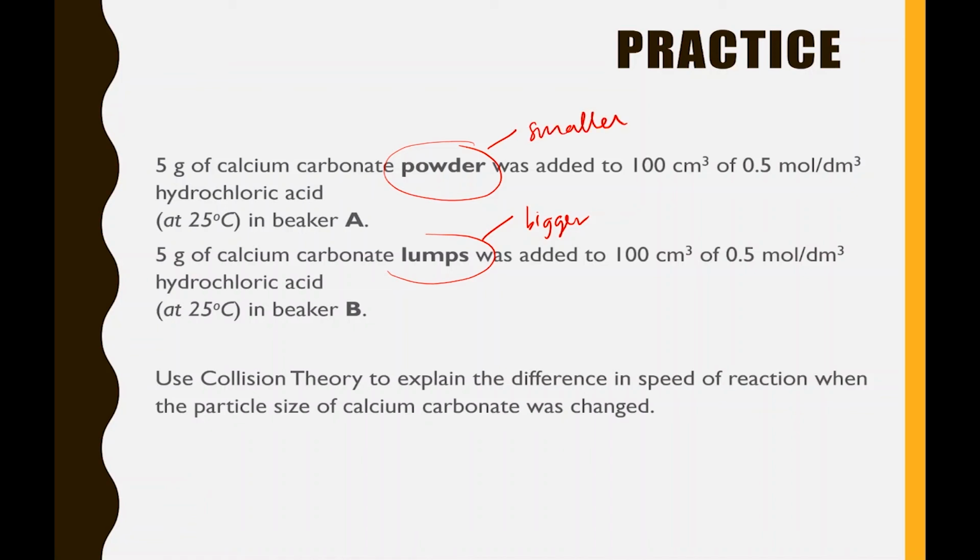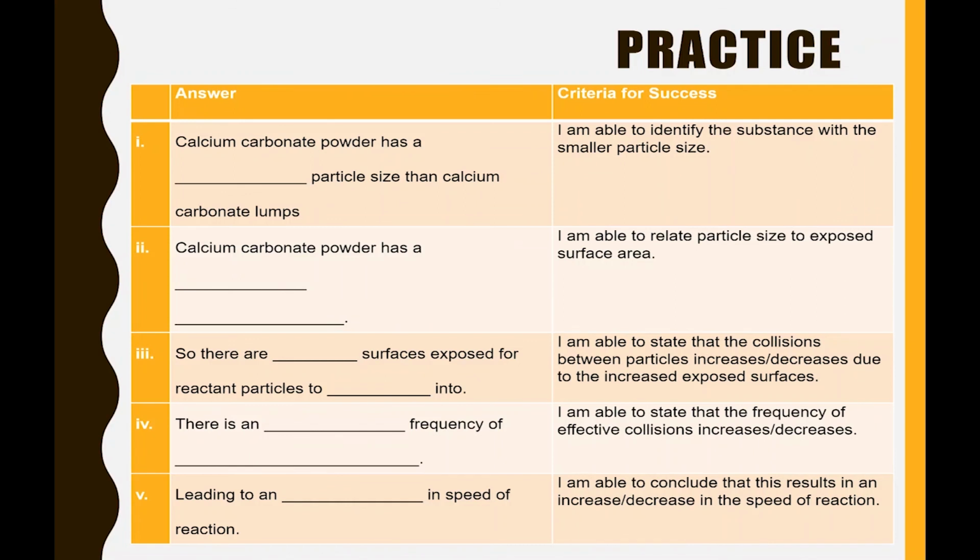Using collision theory, let's try to answer this together. I'm able to identify the substance with smaller particle size, which is the powder. So calcium carbonate powder has a smaller particle size than calcium carbonate lumps.